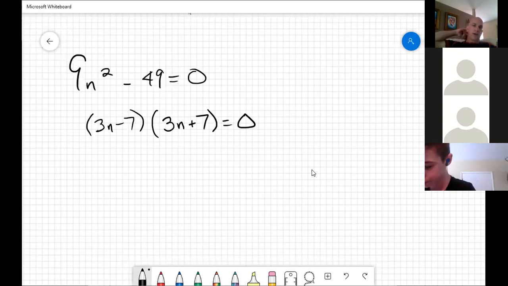So you're going to have opposite answers there, but they'll both be fractions. So it'll just be negative 7 over 3 and then positive 7 over 3. Yep. All right, thank you.